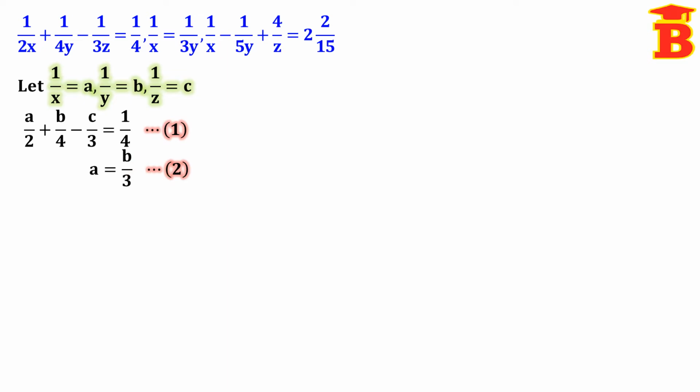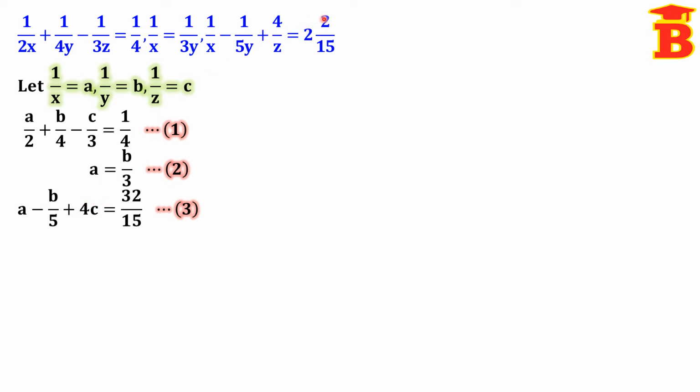And now see this third equation. Here 1/x is a, minus 1/(5y), this 1/y is b, so this is b/5, plus 4/z, 1/z is c, so this is 4c, equal to the right hand side.